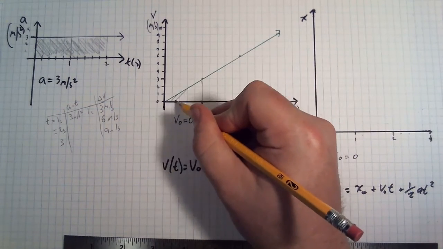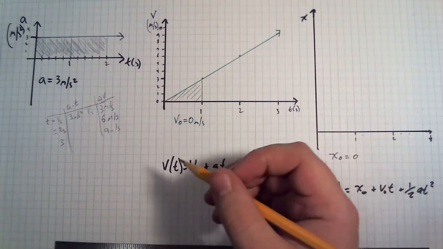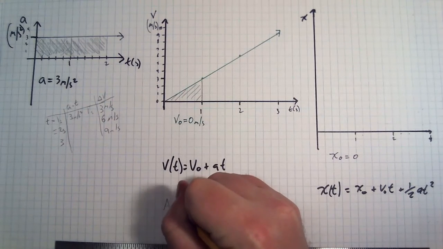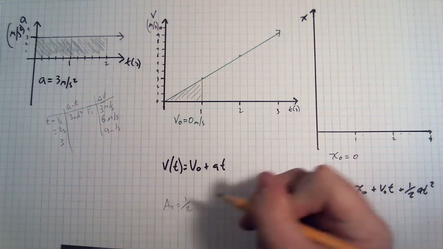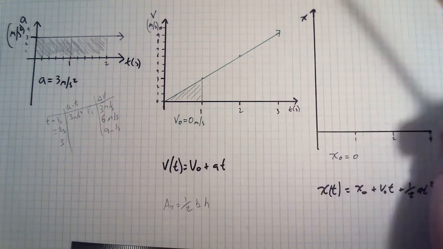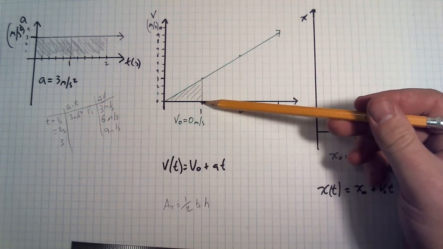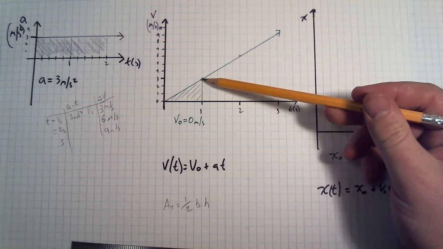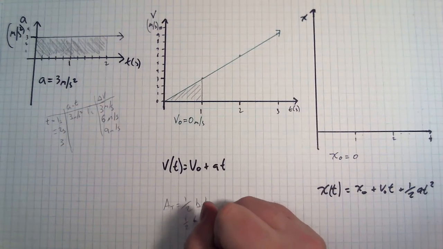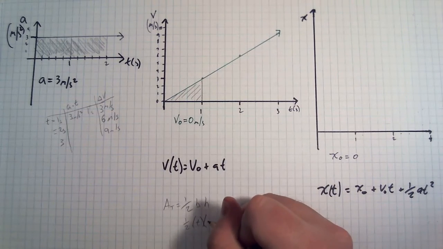What I have here as an area is a triangle, and the area of a triangle is 1/2 base times height. My base here is time, my height is the velocity. So that's 1/2 times time times velocity.